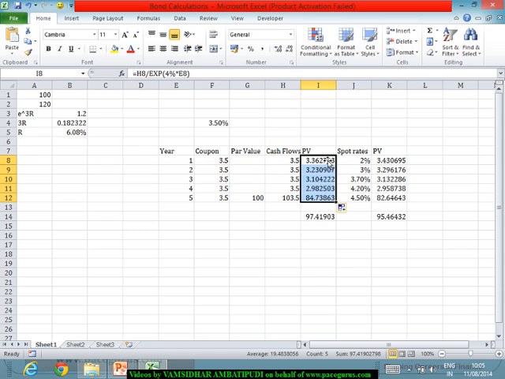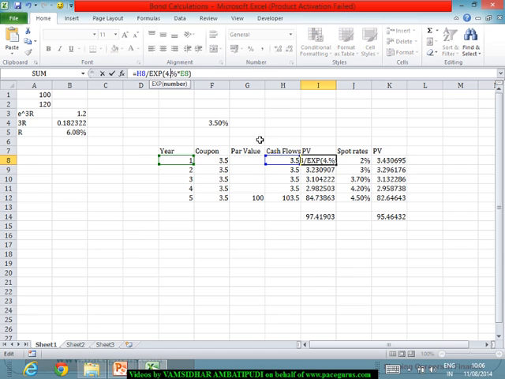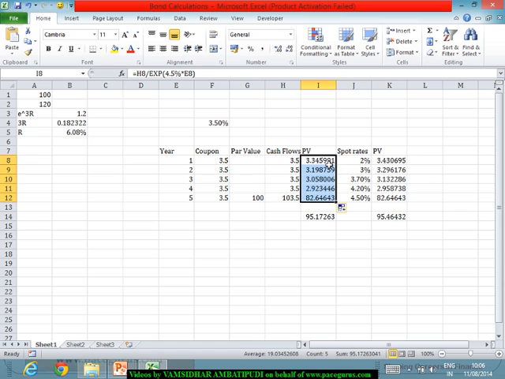This has come to 97.41. Still it is lesser. Let's say I have used 4.5% across. If I am using 4.5, then it is slightly falling. So let me assume 4.45. If I am using 4.45, I am almost approaching, or 4.42.